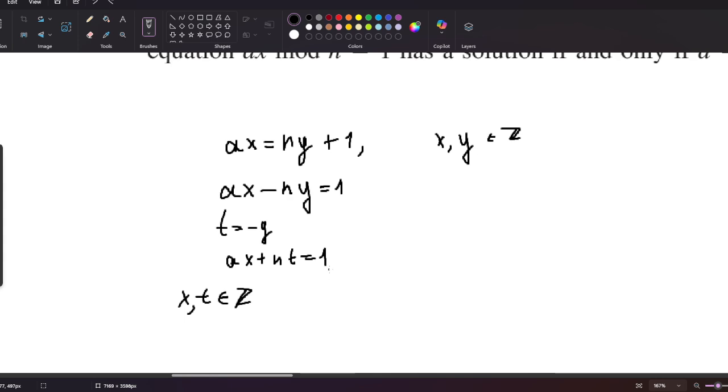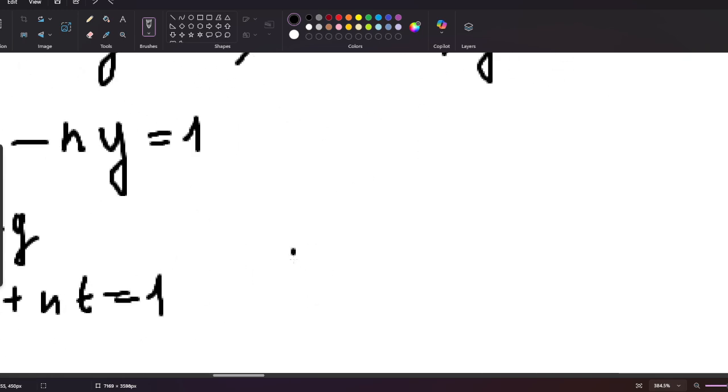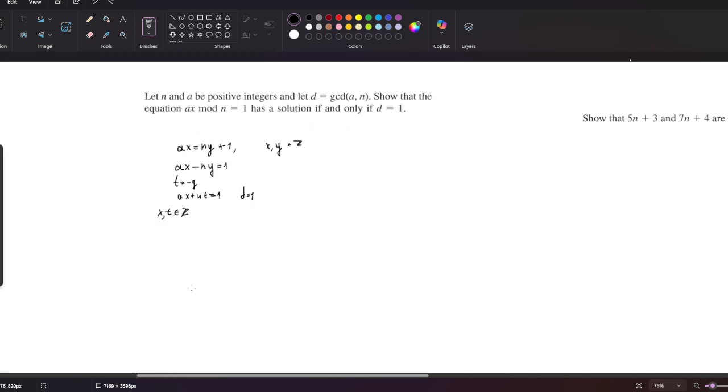Now, 1 is the lowest positive number that you can pick. So there's obviously not going to be another positive integer that is less than 1. In other words, d is for sure equal to 1. We have proven it. Cool, let's move on.